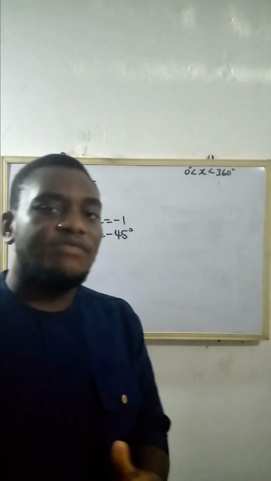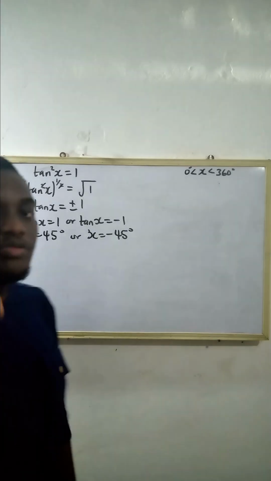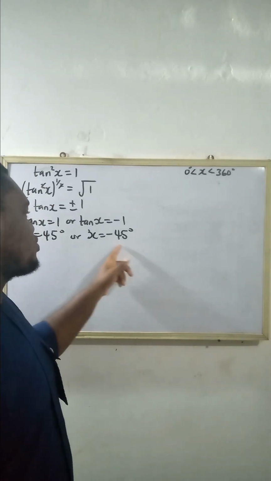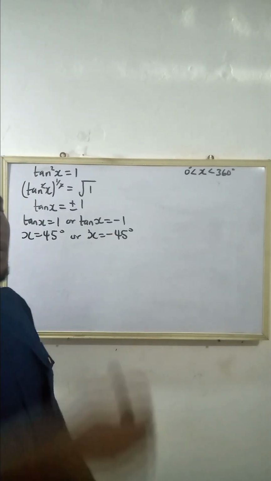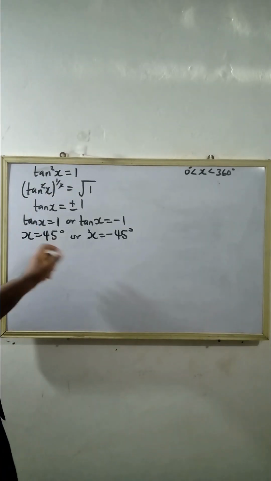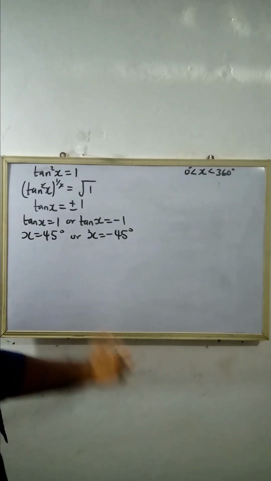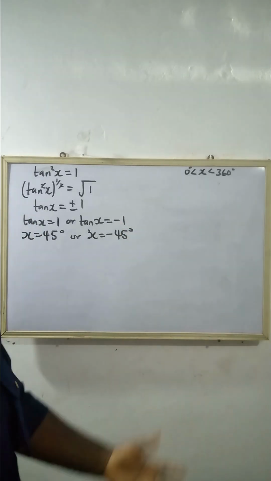This gives us our value of x on the first quadrant. What we need to do is look for the corresponding values of x on the second, third, and fourth quadrants, because both x being 45 and minus 45 degrees, positive and negative, satisfy that equation.